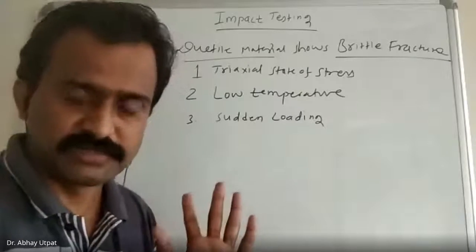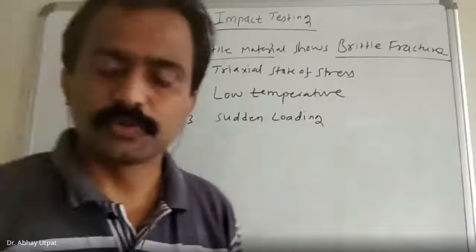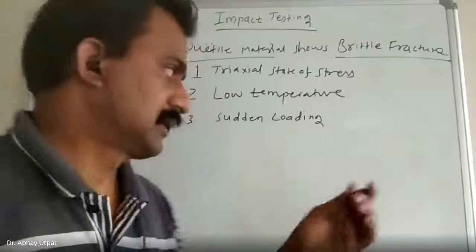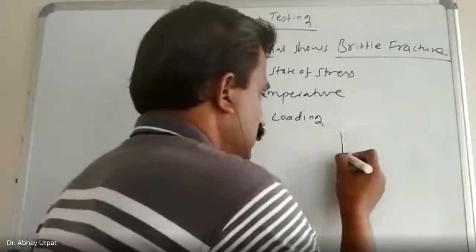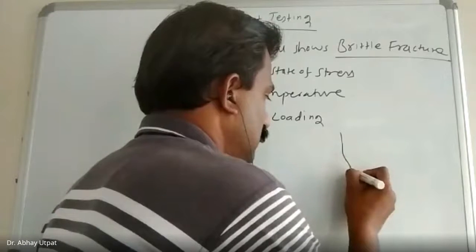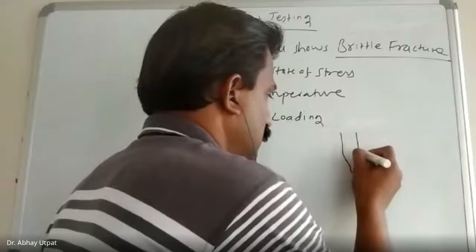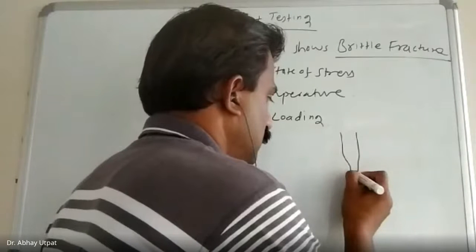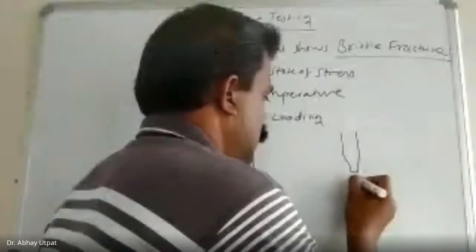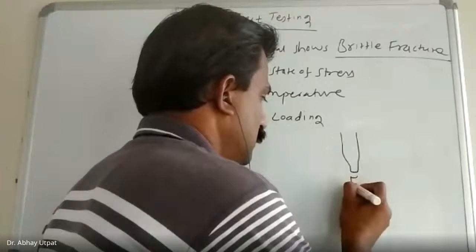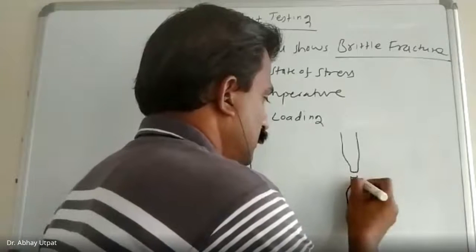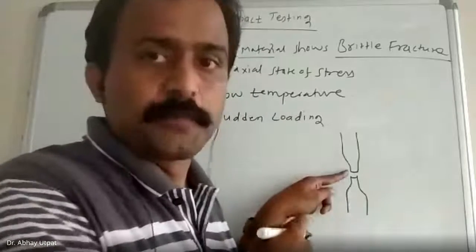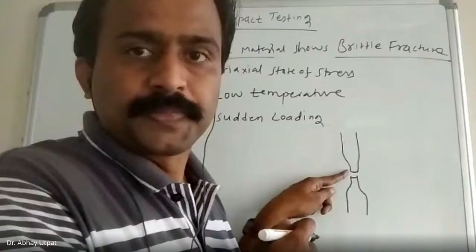Now you know very well what is ductile fracture and what is brittle fracture. Ductile fracture means what? When you are going to elongate, it will show cup and cone type fracture. It's like this. So this is elongation and this is neck formation.